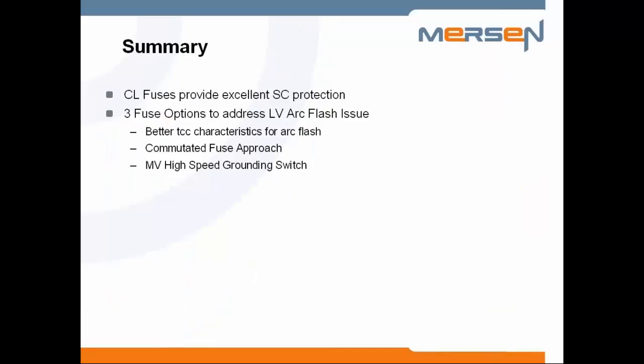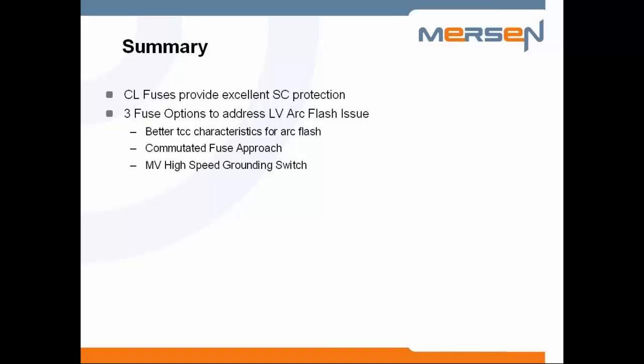In summary, current limiting fuses provide excellent short circuit protection for the primary of the transformer. However, they have been shown to be somewhat inadequate for protection against arc faults on the secondary of that transformer. What we showed today were 3 fuse options to address this low voltage arc flash issue.